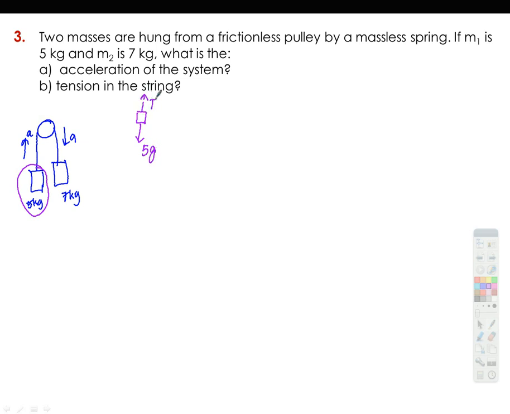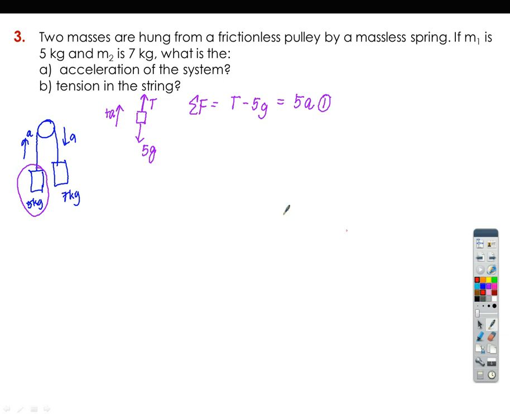There's tension going up, and then we know that the acceleration is a positive acceleration. So we know that our net force would be equivalent to T minus 5g, equivalent to mass, which is 5, times acceleration, which is positive, and this is our equation 1.